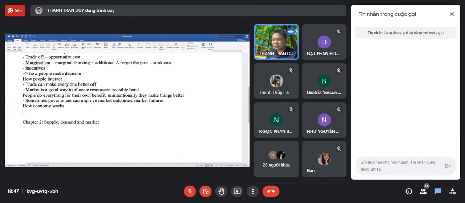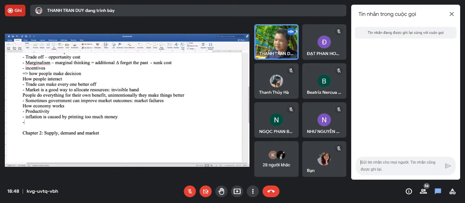And how the economy works, we have three principles. The principle about productivity. The principle about inflation: inflation is caused by printing too much money.